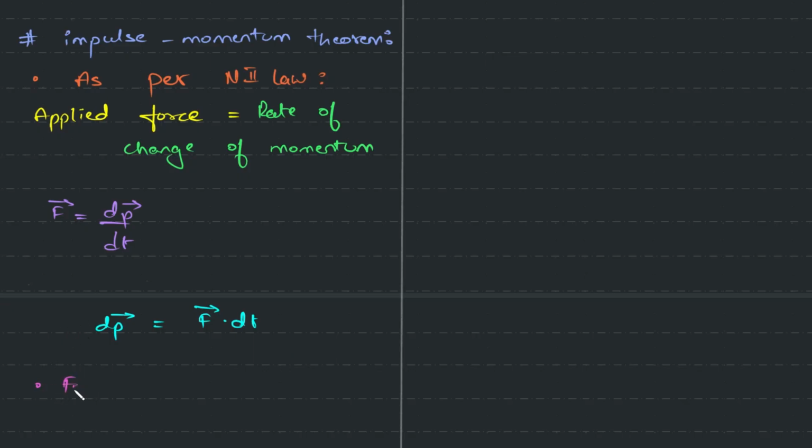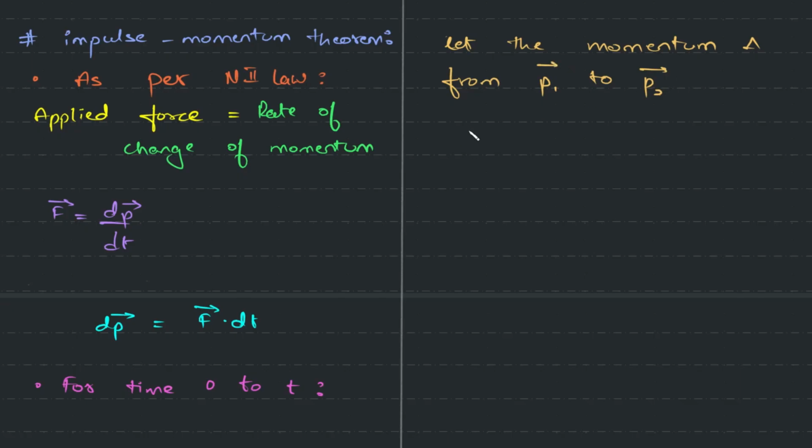Next, for time 0 to t, let the momentum change from P1 to P2. Now, integrating the above with limits.